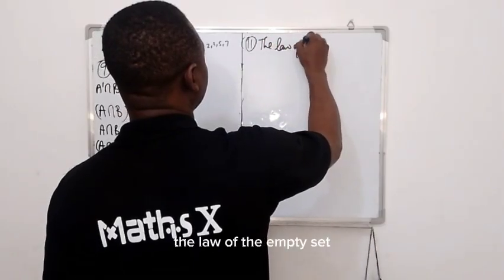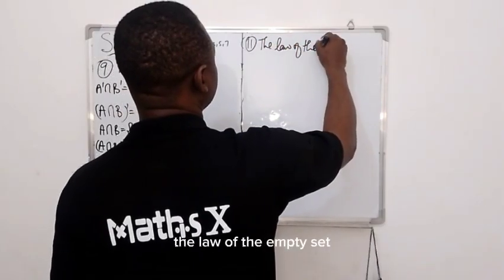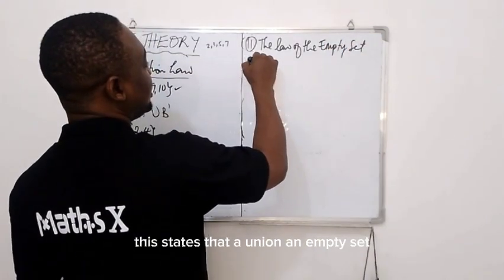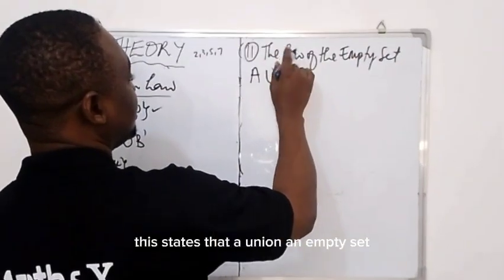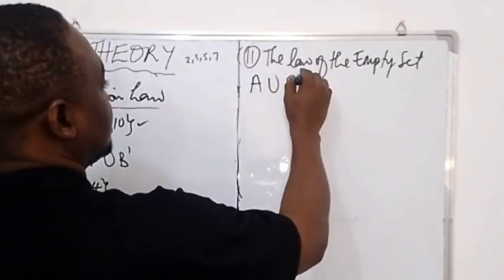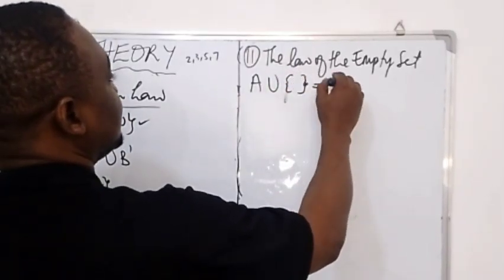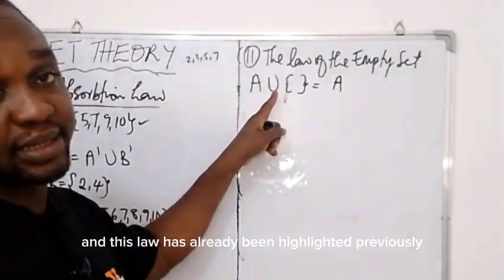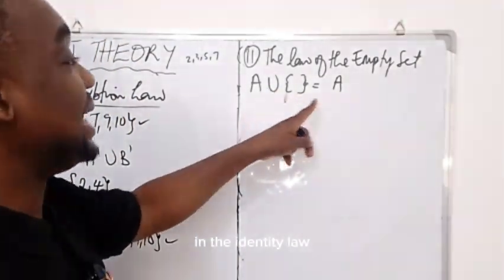For law 11, the law of the empty set. This states that A union an empty set is A, and this law has already been highlighted previously in the identity law.